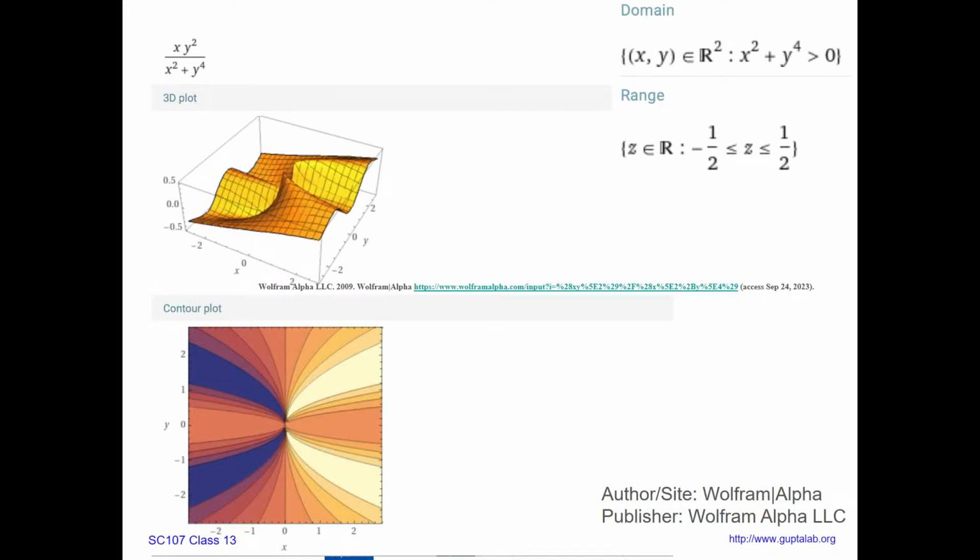In this example, this is x times y square divided by x square plus y raised to power 4. See how beautiful the function looks like, right? Now, you see the earlier three tries that we did, y is equal to 0, x equal to 0, or y is equal to x.